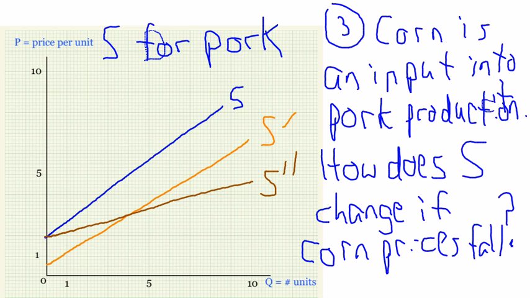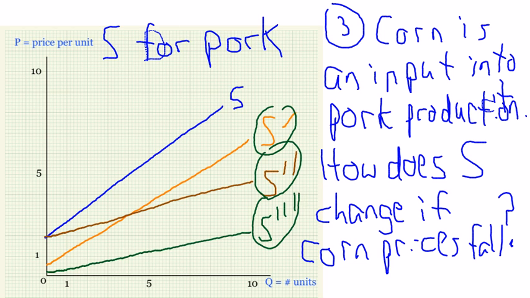Or it could even be a combination of those two, something like this. Both the intercept falls and the slope becomes less steep. Any of those supply curves, S prime, S double prime, or S triple prime, would be correct answers to this question.